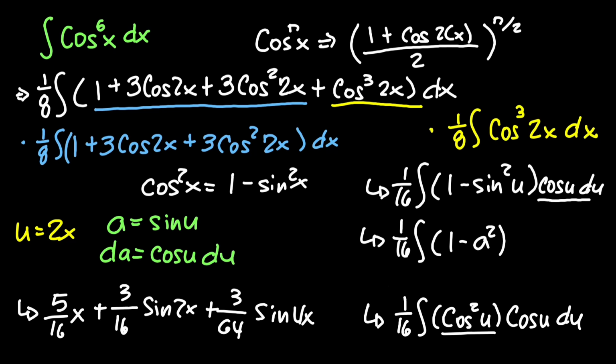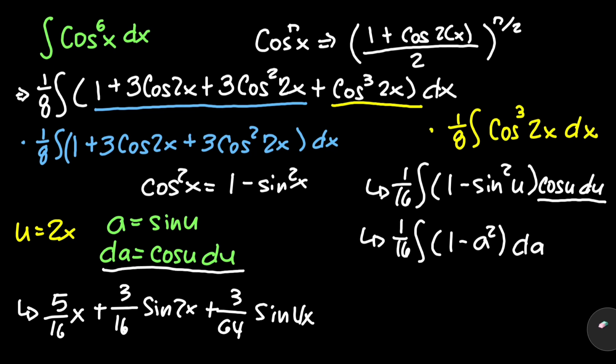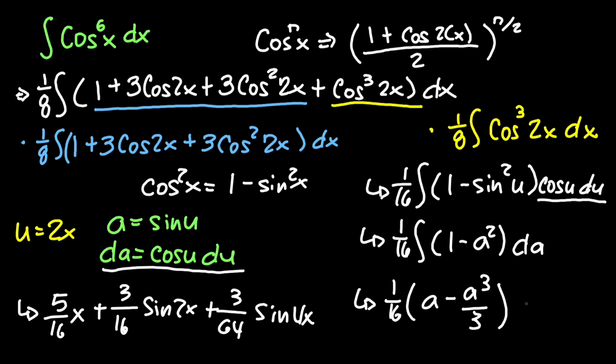You can see here cosine u du is the same as dA. We can now integrate this. The integral of 1 dA would be simply a, and the integral of a squared would be a cube over 3, plus constant of integration.